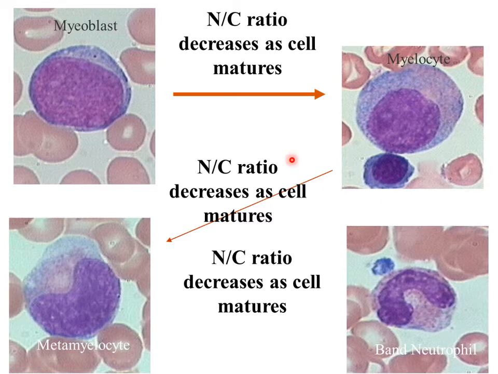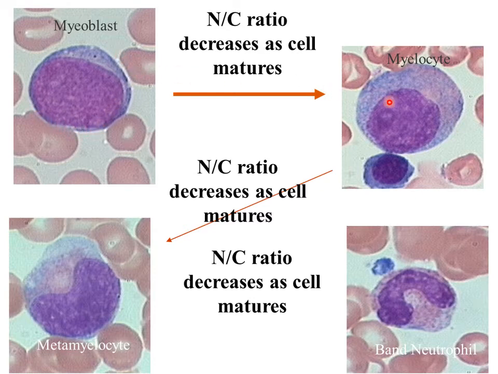And as a rule implied, ang NC ratio will decrease as cell matures. Kung mapapansin nyo dito sa example na to, halimbawa dito sa neutrophil lineage, ito yung youngest niya, sakop niya halos yung nucleus, yung space ng cytoplasm.